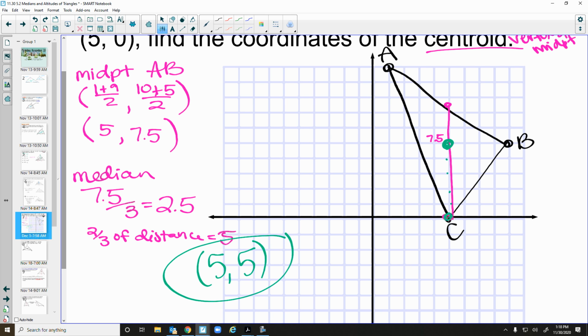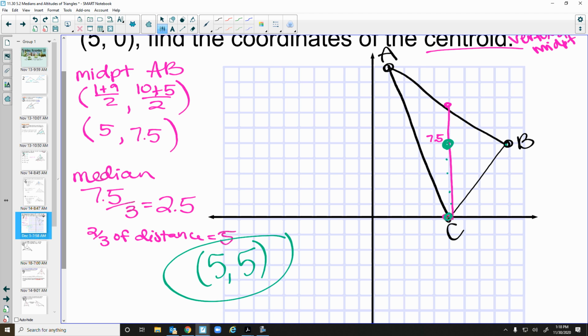The trick for this, because with first period, I used B to AC, which was also a horizontal line. So the trick with this, most times I'm going to give you one of those medians being either horizontal or vertical. So if you go through what we just did, I did it all in pink, and you end up having not a horizontal or vertical line, it's easy to find a midpoint pretty quickly.